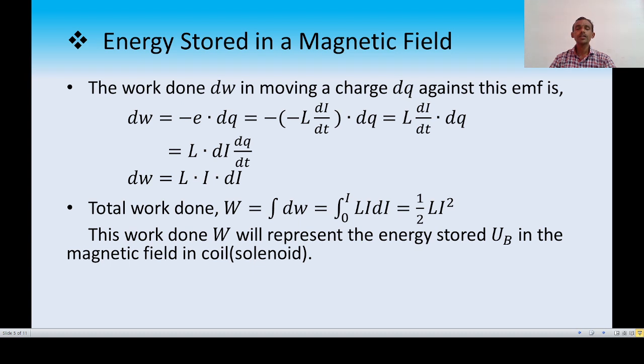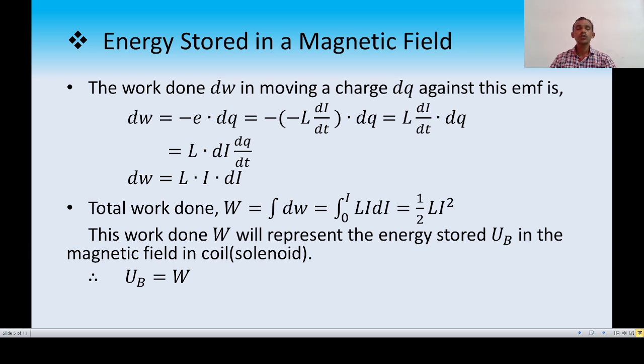Therefore, we can write UB is equal to W, because this work done is stored in the form of energy. UB is the total energy stored in the magnetic field.